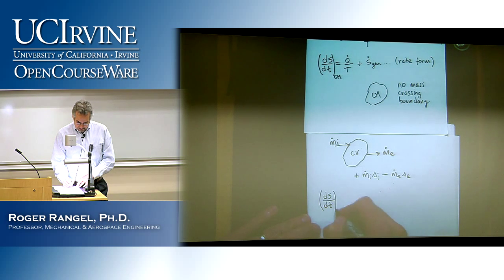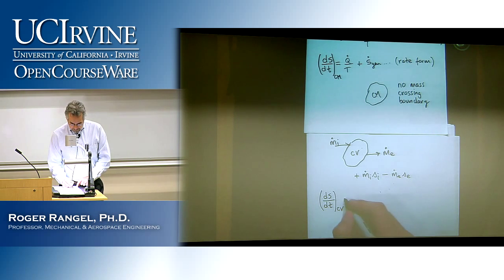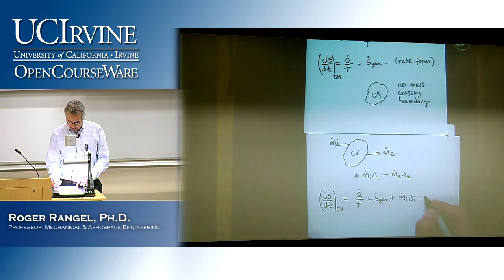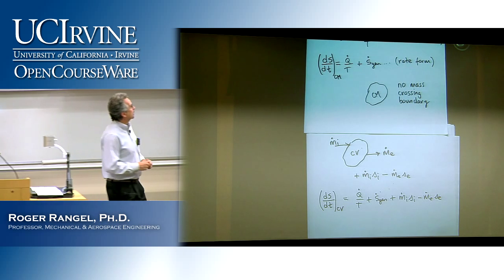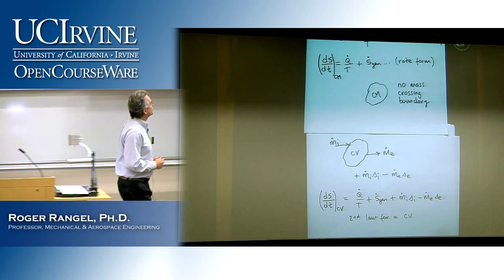Now this is not for a control mass, but for a control volume. Everything else I'm just copying, so Q dot over T, rate of entropy generation, m dot i s_i, minus m dot e s_e. That's our second law for a control volume.